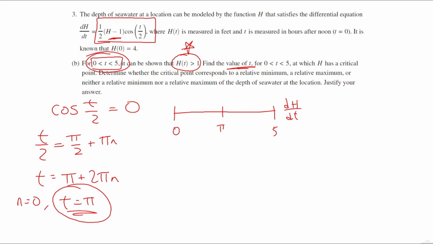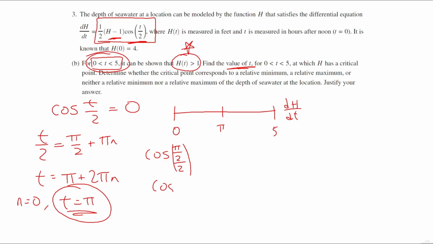And then we can just test a value of t between 0 and pi, and a value between pi and 5, and see if the derivative is positive or negative on that interval. And so if we take something between 0 and pi, like let's say we plugged in pi over 2, right? Well, if I plugged in pi over 2, we'd get the cosine of pi over 2 divided by 2 as the cosine of t over 2 part, right?